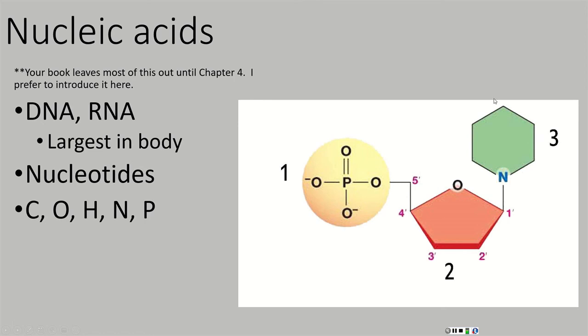Now, the nitrogenous base, if we just look at it quickly, it looks like it might be a sugar because it's got this ring-shaped structure. But it's not, and the way that we can tell is remember what carbohydrates were made of. CHO, and that was it. Well, we see this one has a nitrogen in it, so it is automatically not a carbohydrate. It's not a sugar. This is a nitrogenous base. All nucleotides have a 5-carbon sugar, a phosphate group, and a nitrogenous base.